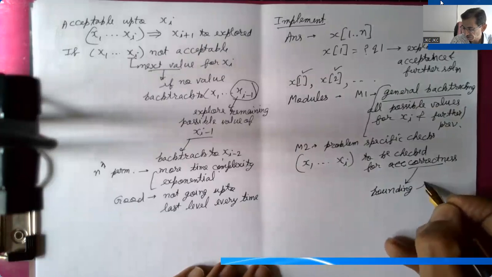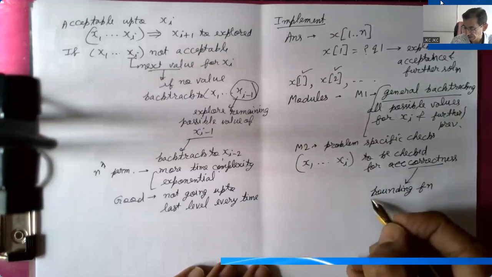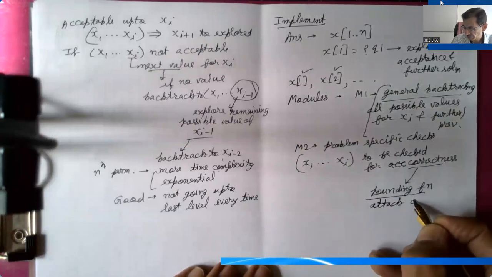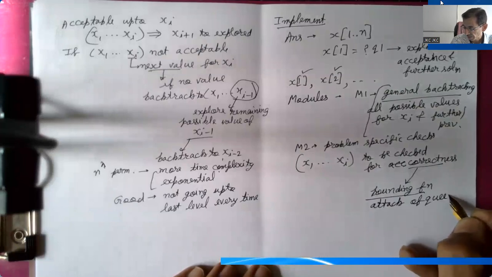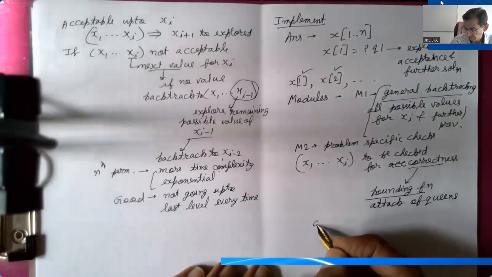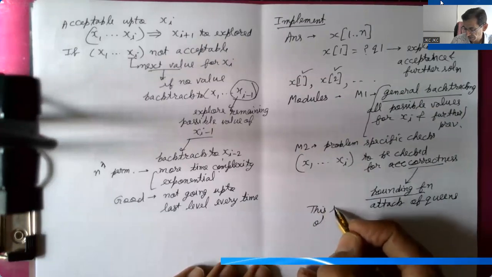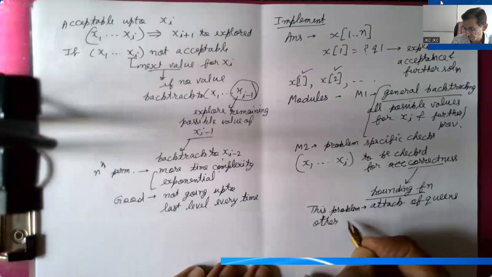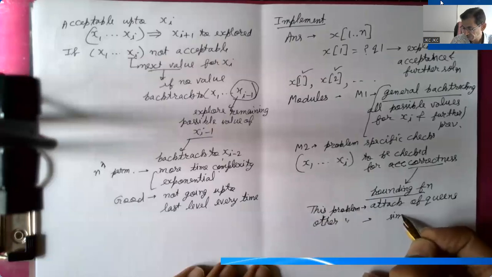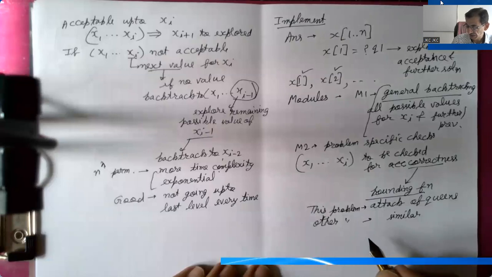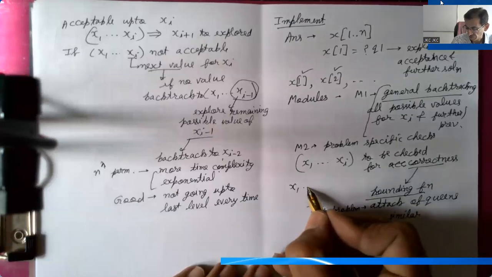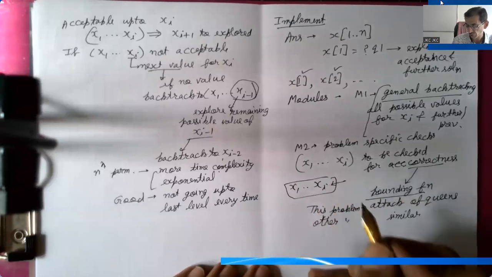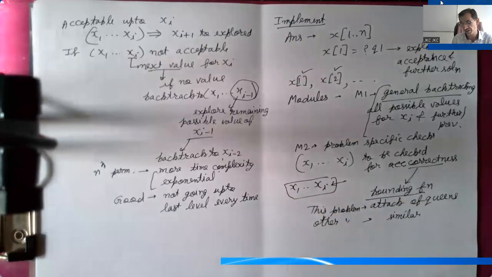The bounding function is problem specific, and it tells whether an attack happens or not, attack of queens in this case. For some other problem, similar other logic will be there. So every time I will say whether the x1 to xi solution is acceptable or not. Assuming that the solution is ready up to this point, if correct, go ahead.